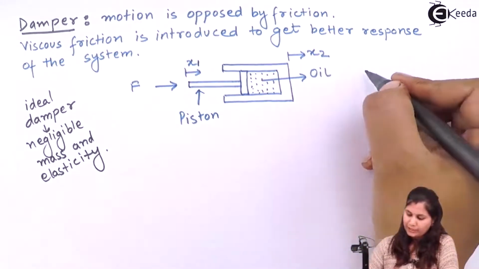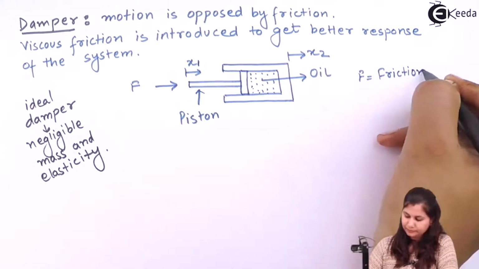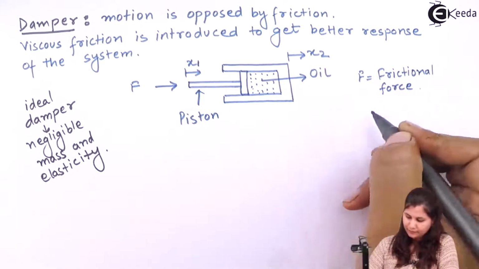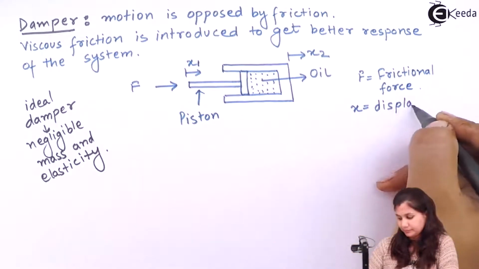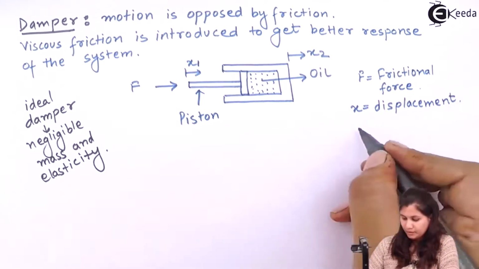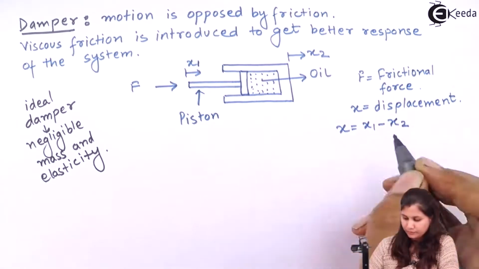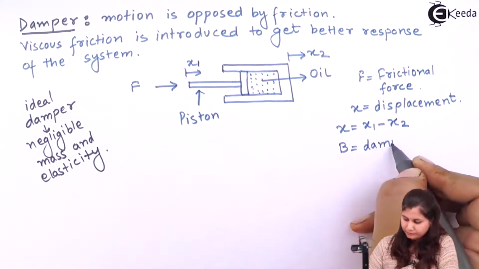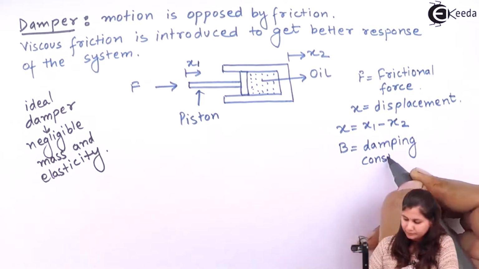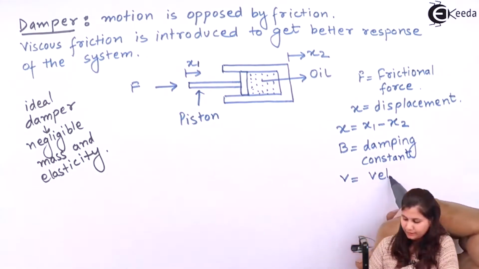F is the frictional force, x is the displacement, x equals x1 minus x2, B is the damping constant, and V is the velocity.